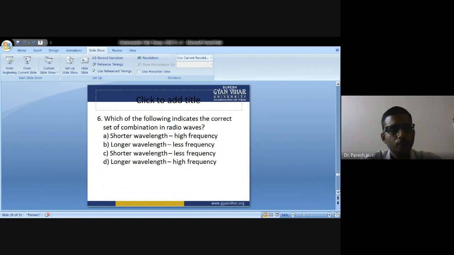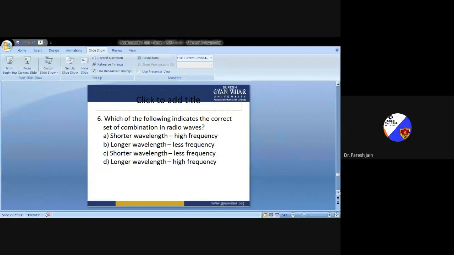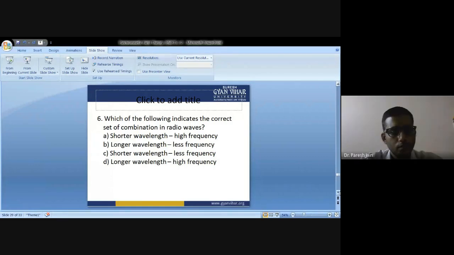Next, our question is: which of the following indicates the correct set of combination of radio waves? So in this question we have the wavelength versus frequency relationship. We know that the wavelength is inversely proportional to the frequency.